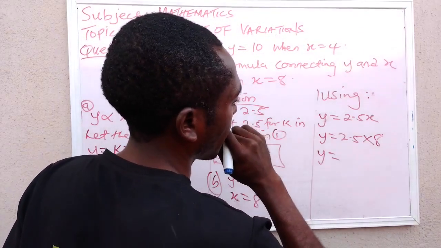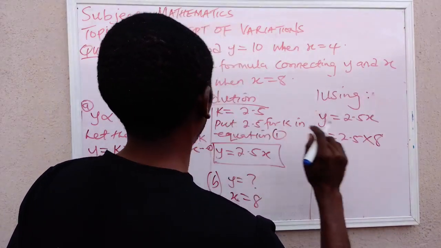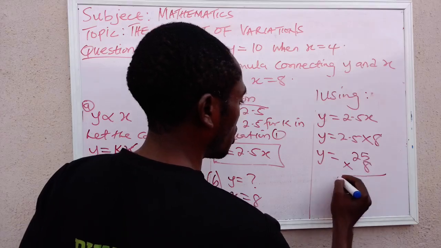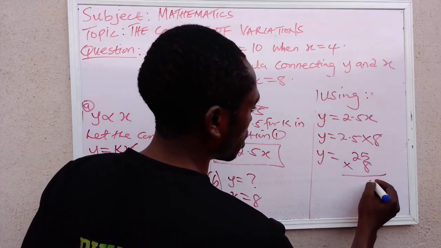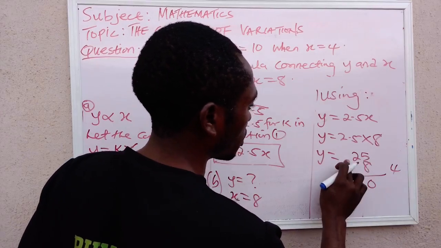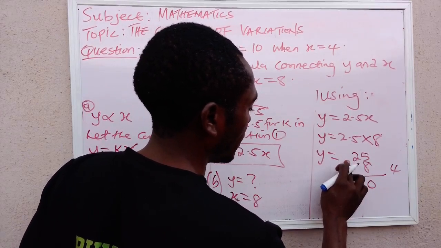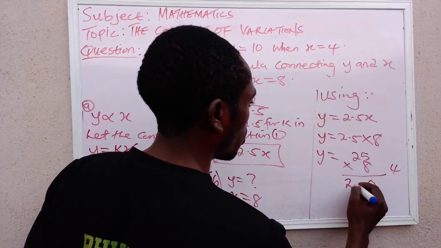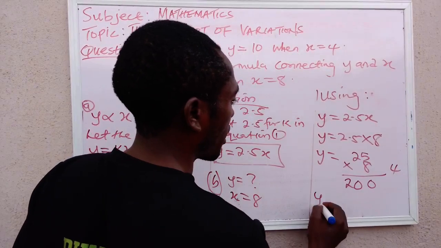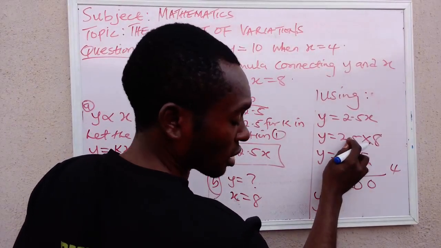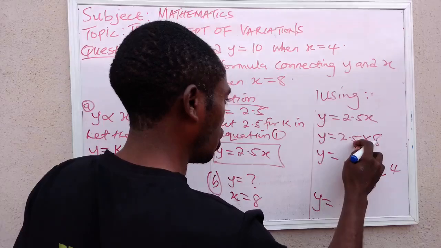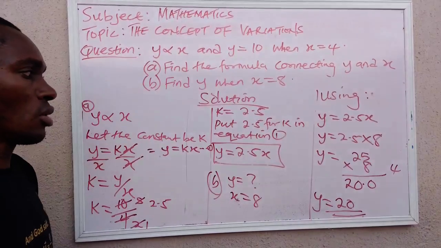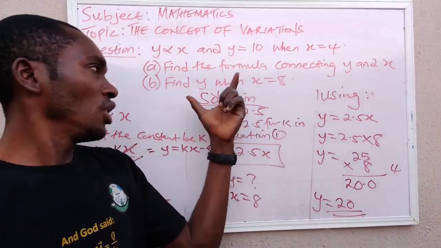If you multiply this, you are supposed to get 20. You can multiply without the point, and when you're done, you put the point back. 8 times 5 is 40, write 0, carry 4. 8 times 2 is 16, 16 plus 4 is 20. Don't forget there's one digit after the decimal point, so I put my point there, and this is 20. So the answer here is 20: y is 20 when x is 8.